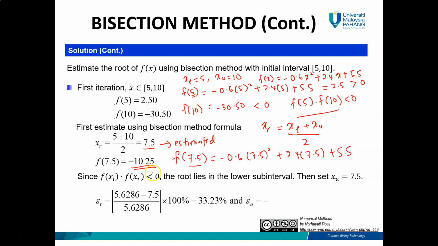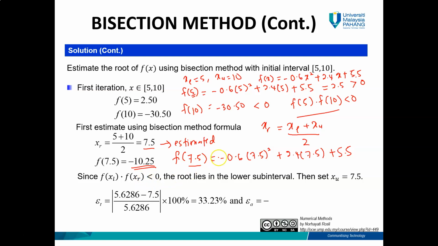And then class, the next step is step number 3. We need to check the sub-interval where the root lies using the evaluation. We check the multiplication of f(xl) times f(xr), whether it is greater than 0, less than 0, or equal to 0.